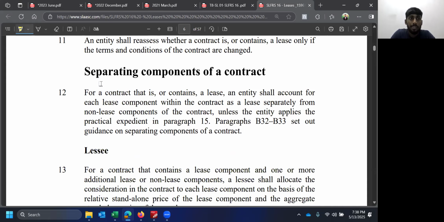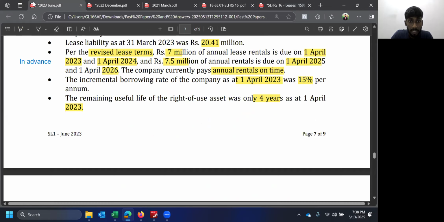Yes, but before going for that, what's the exact treatment here? If you are not applying the practical expedient, para 12 says: for a contract, an entity shall account for each lease component within the contract as a lease separately from non-lease components. I have drawn it in the summary also. We need to separately account for the lease component.